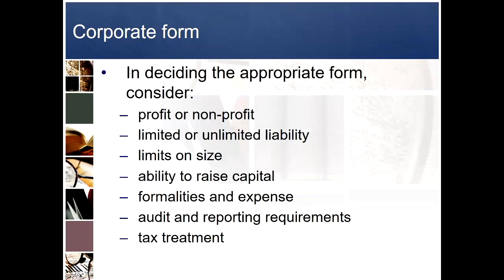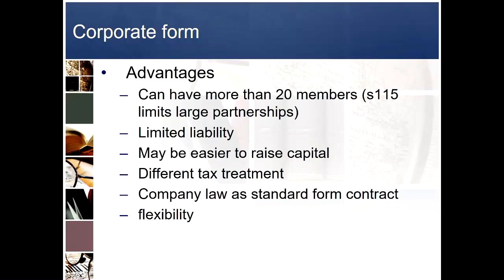Because the company can retain earnings this year and you say, well, I won't be paid out this year, I will receive dividends in a future year when I know I'm going to have a low income year. So there are some things, but I think that's beyond the scope of this course. For our purposes, what I've just outlined in relation to tax treatment was really, I think, all that we need to know. The companies are taxed differently. Okay.